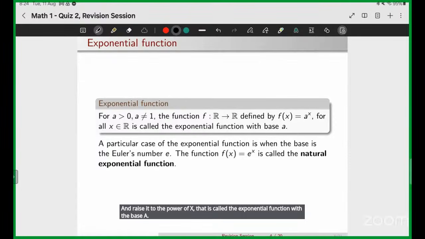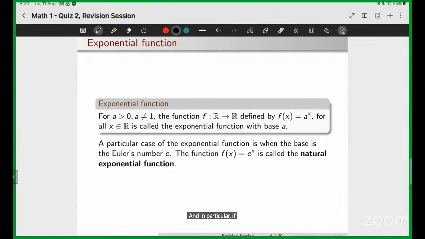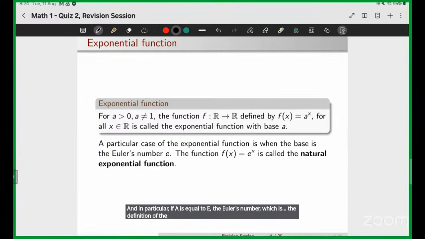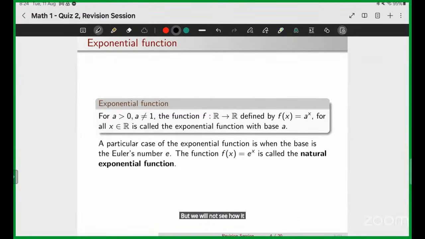In particular, if a is equal to e, Euler's number, whose definition is not addressed in the course, though it is very significant, actually, we'll just consider the case when a is equal to e and call that the natural exponential function.